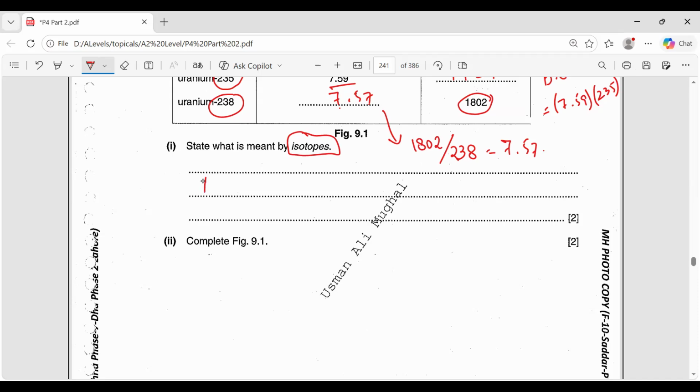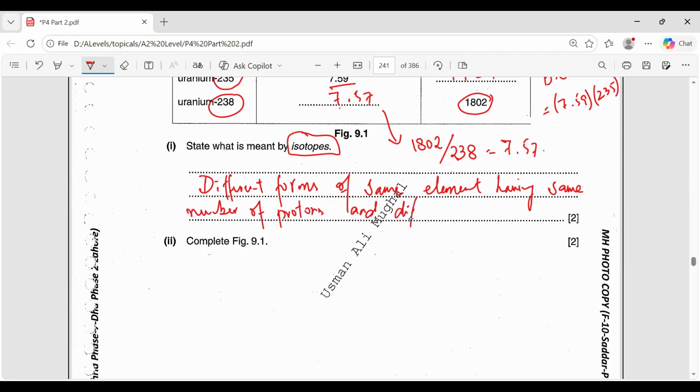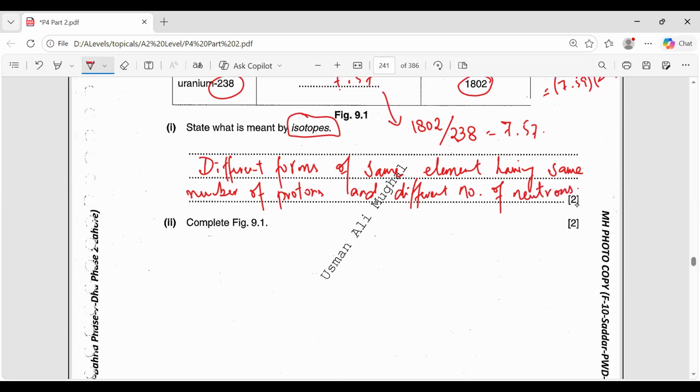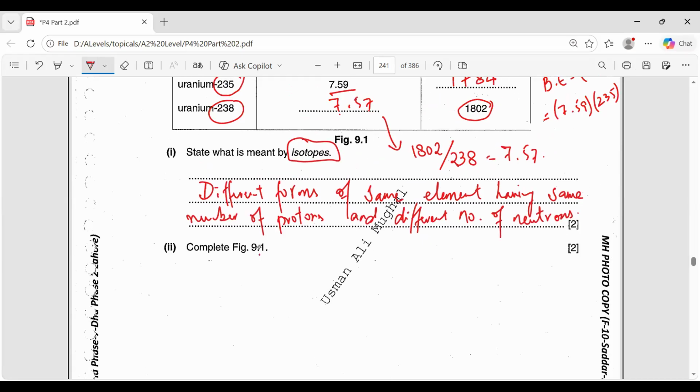Different forms of the same element having the same number of protons and different number of neutrons. The proton numbers will be the same but the neutron numbers will be different.